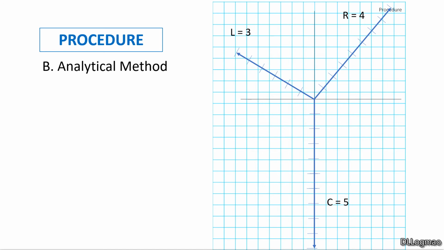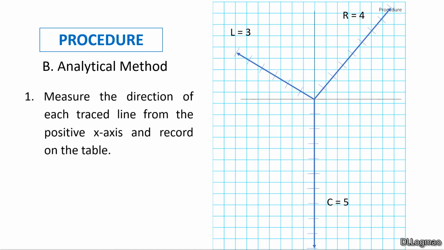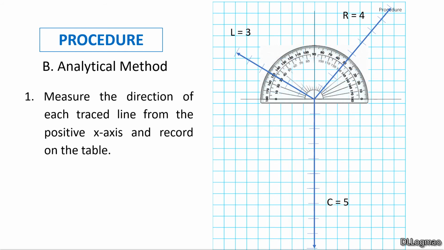The second part of this experiment is the analytical method. Measure the direction of each vector from the positive x-axis and record on the table. The direction of the right vector, the right chord, theta sub R, is 50 degrees.